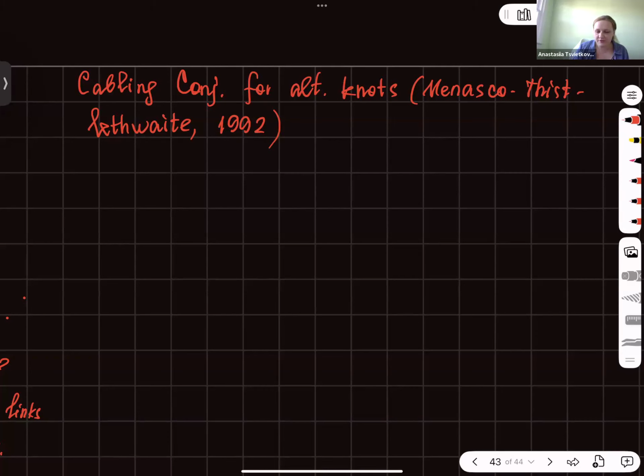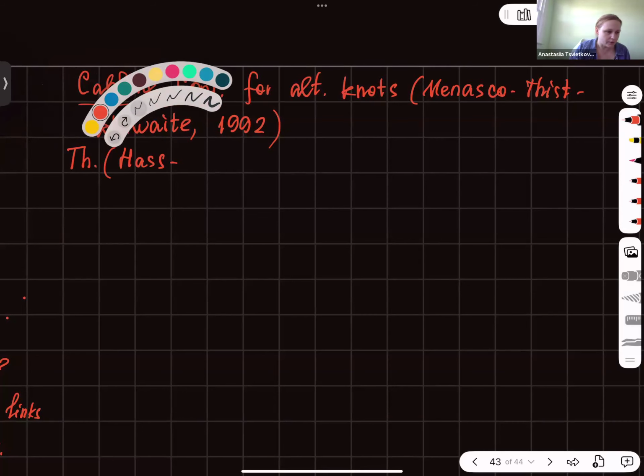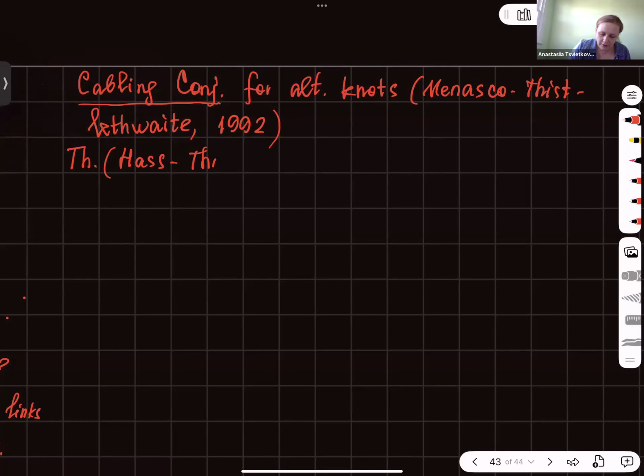And then later results about number of surfaces, maybe I won't call it anything. So just a theorem in 2015 with Haas and Thompson.